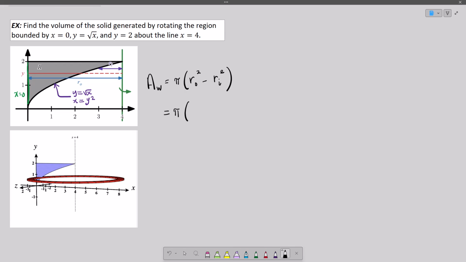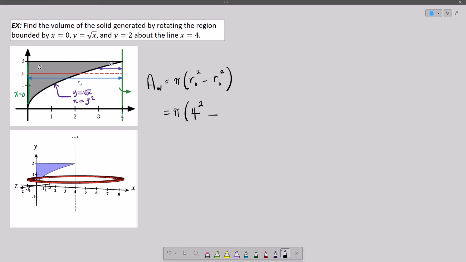The right x is 4. The left x is 0. So this distance is always 4. And no matter where you draw across, that distance is always going to be 4. This is the left curve, the left boundary, and its distance to the axis of rotation is always 4. So that will be 4 squared.